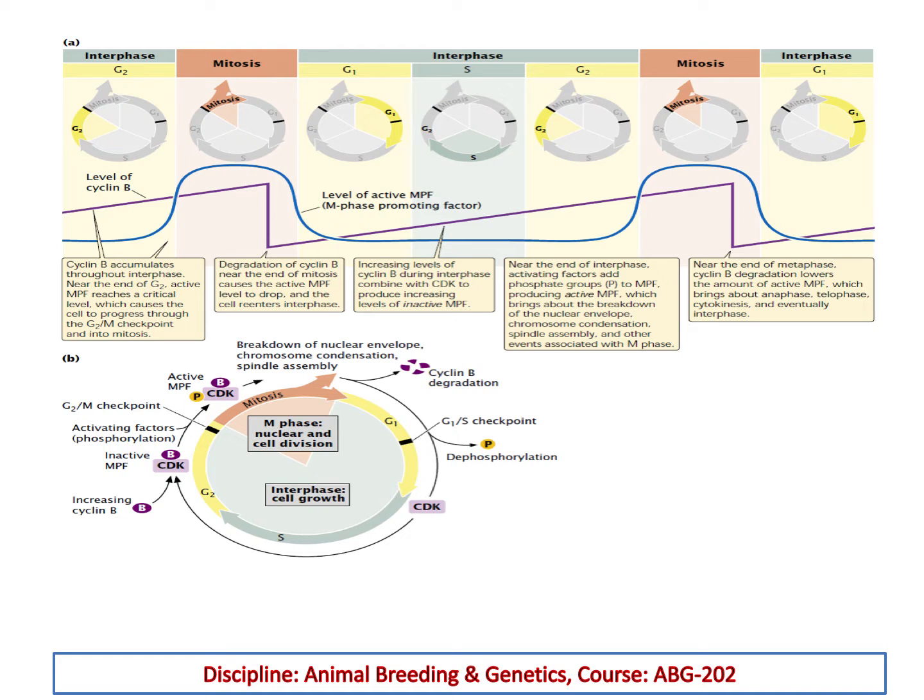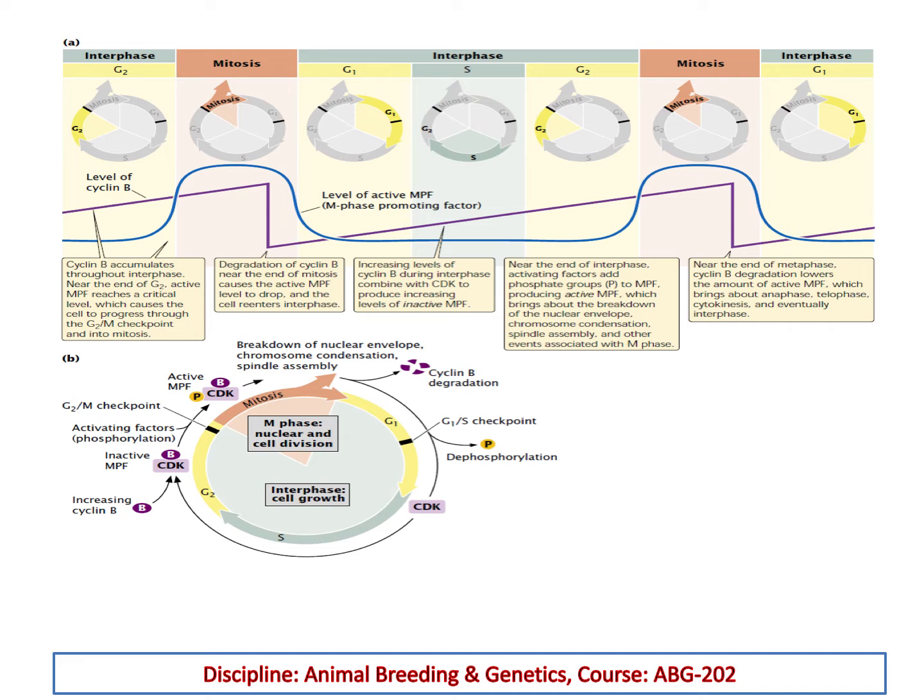For example, in the upper part of this diagram, you can see there are two graphs just under these cycles or circles. The one is the blue one, and there is another one that is the purple color.